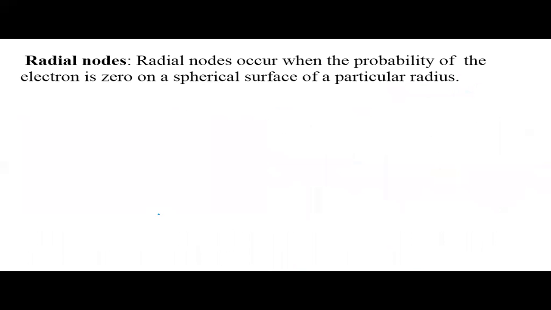Here, radial nodes. Radial nodes occur when the probability of finding the electron is 0 on a spherical surface at a particular radius. The number of radial nodes is n minus L minus 1.